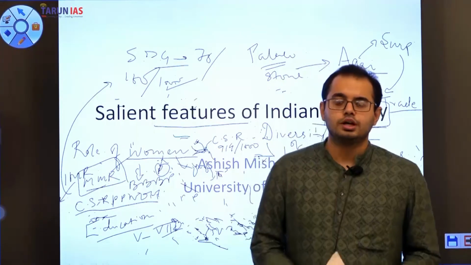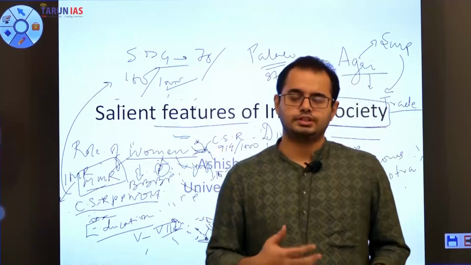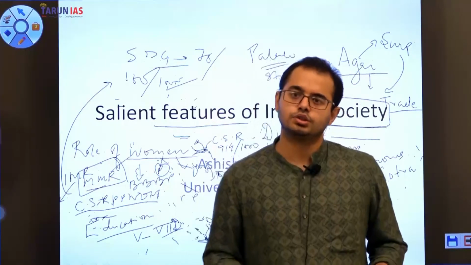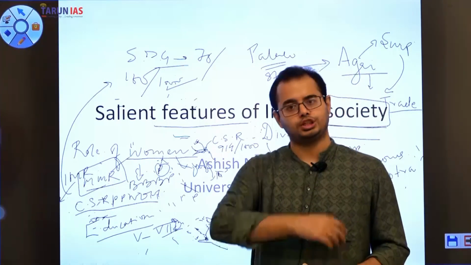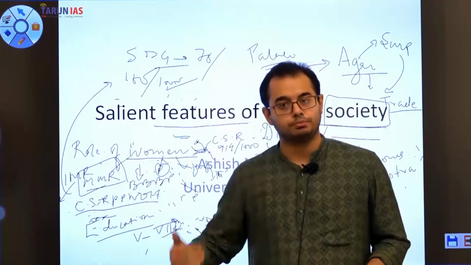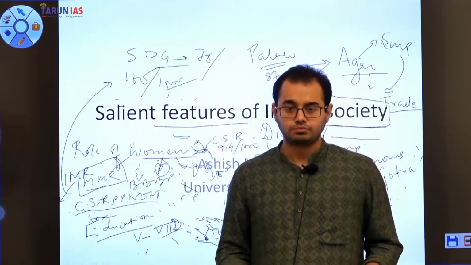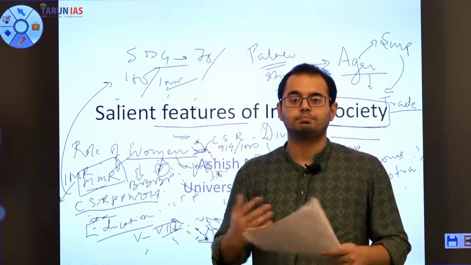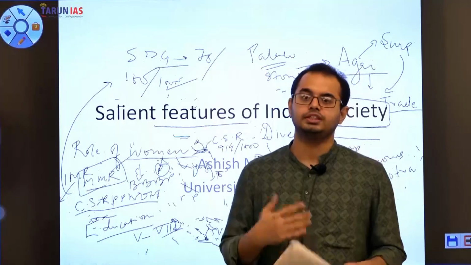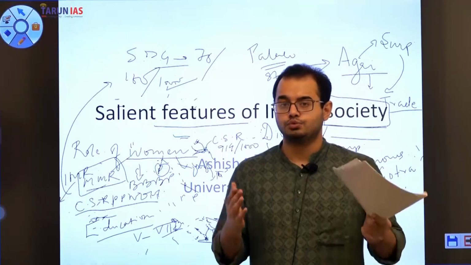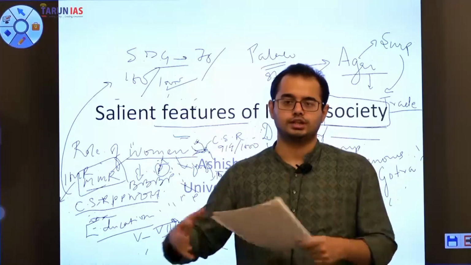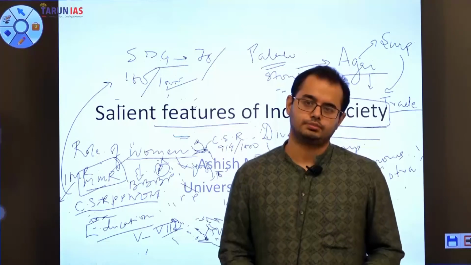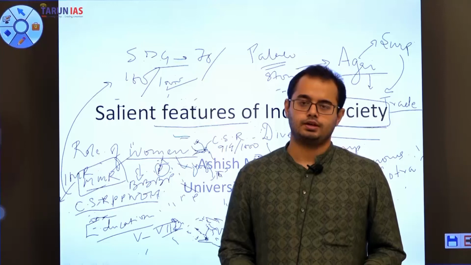So we have many other issues with respect to this. For example, most of the destitute women, most of the destitute adolescent girls who are victims of trafficking, child abuse, sexual abuse at an early stage, are supposed to be rehabilitated by these NGOs and SHGs which work in tandem with the government. But what happens?